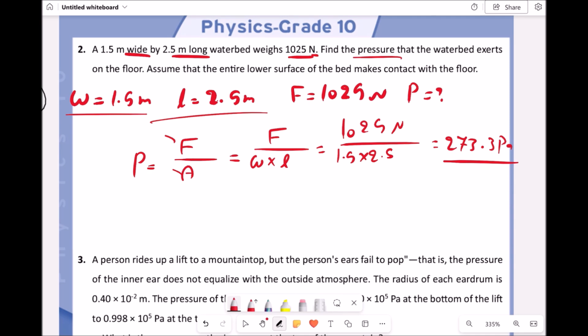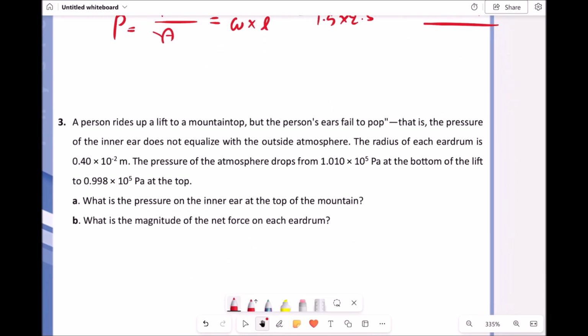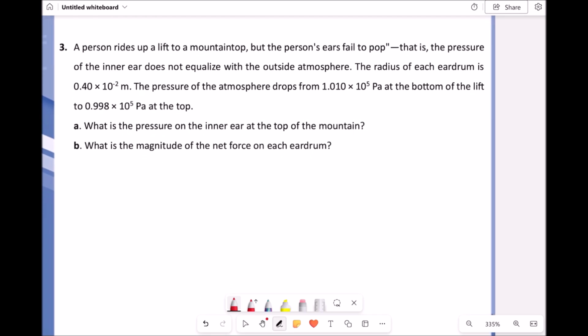Question 3. You have a person who rides up to a mountaintop, but the person's ear fails to pop. If you have felt this when you are driving or riding a car, you feel that sometimes your ears are not popping. This is due to the difference of the pressure inside and outside in the car and in your ears.